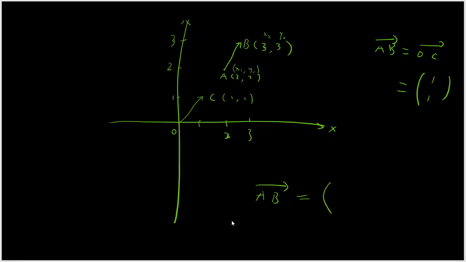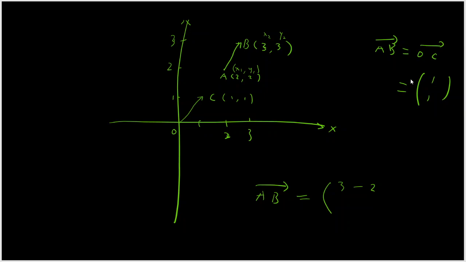So how do you get the first component? The difference between the x coordinates, 3 minus 2. Remember, use the x coordinate of the terminal point first, and then subtract the x coordinate of the initial point.